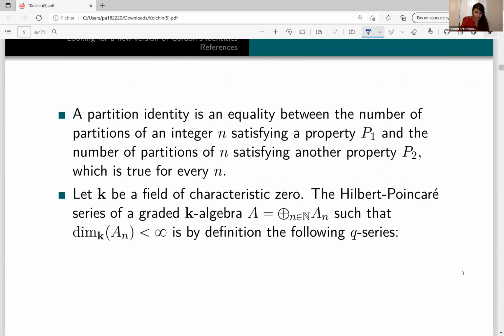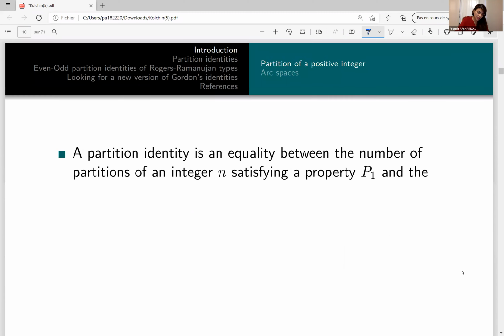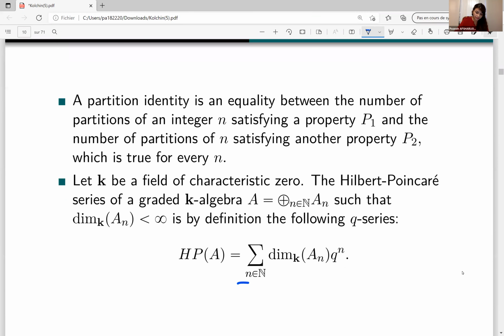Let's take a field k of characteristic 0 and a graded algebra A, where A_n is finite dimensional. Then the Hilbert-Poincaré series of A is this q series: the sum of the dimension of A_n times q to the power n.